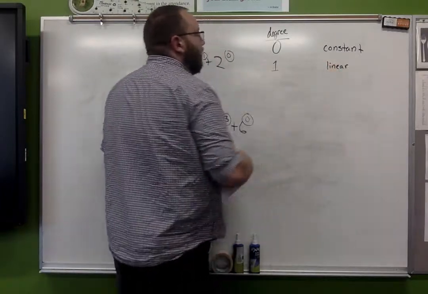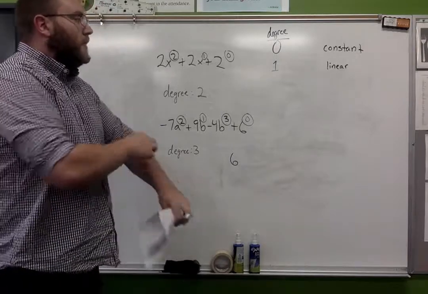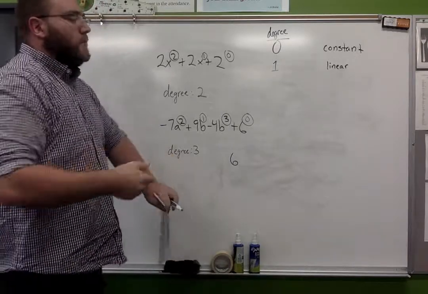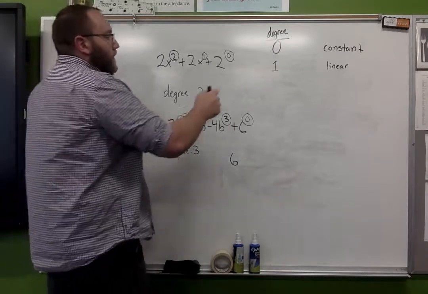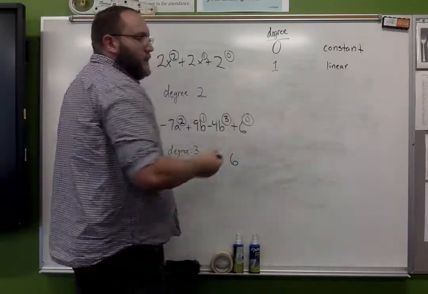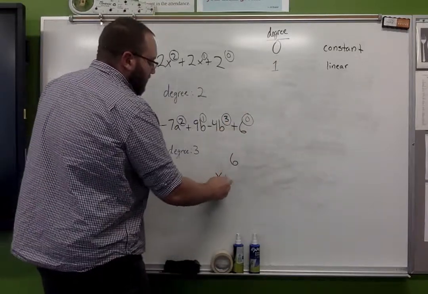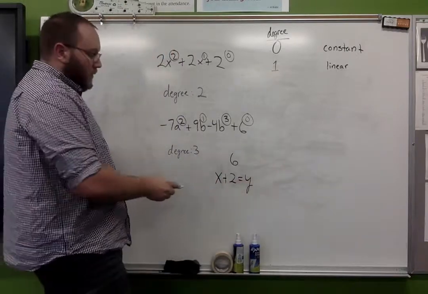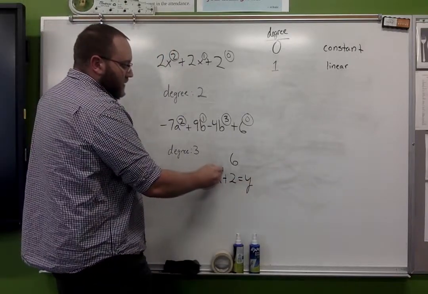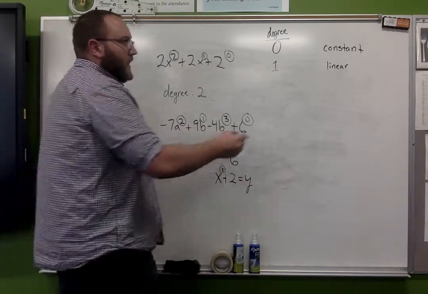You should remember this from last year in SM1, or if you're in SM3, from a couple of years ago, or even SM2. Degree 1 makes a line when you graph it. So if I have x plus 2 equals y, that makes a line. Well, this x has an exponent of 1, so it's degree 1, makes a line, so it's linear.